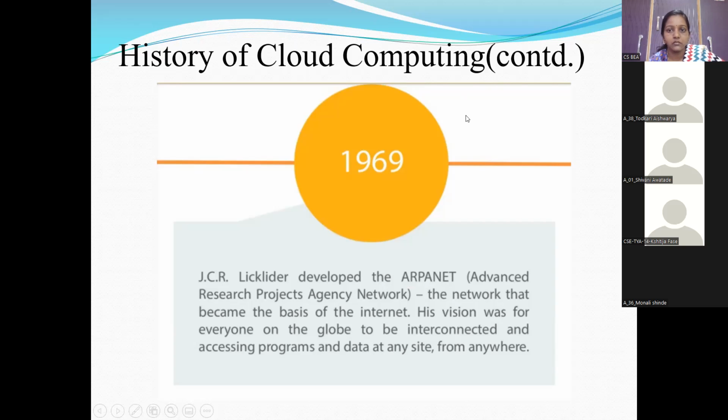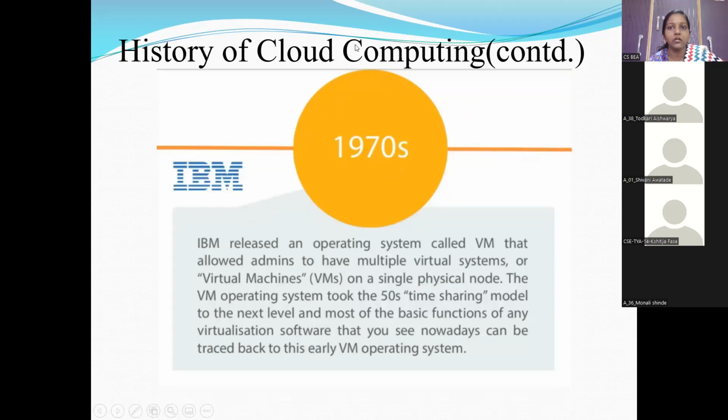Then in the 1970s, IBM released an operating system called VM that allowed admins to have multiple virtual systems, or virtual machines, VMs, on a single physical node.